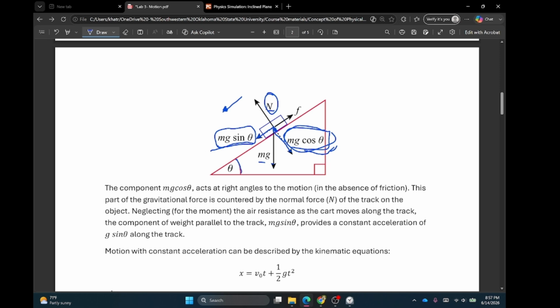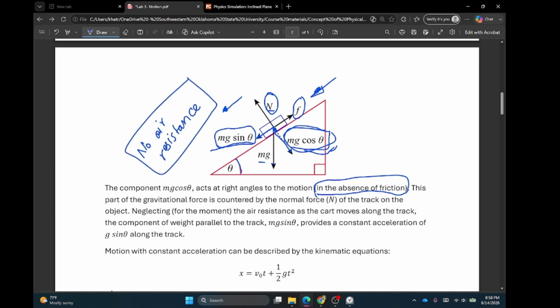But remember, there is always friction, and friction acts in the opposite direction to the motion. However, in this lab, we will consider that the surface is frictionless, so we will ignore the friction component, and we will also consider there's no air resistance.